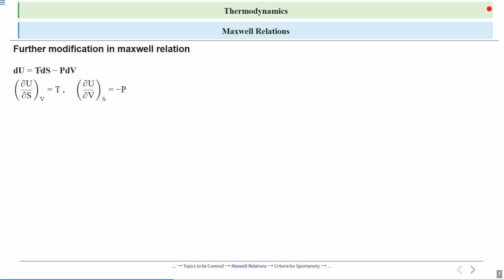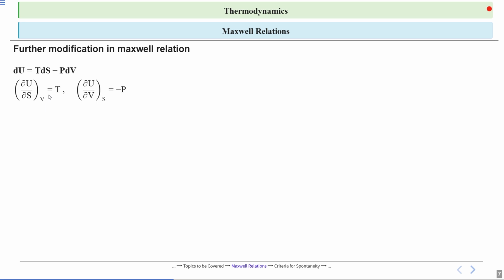The differentiation of entropy with respect to S will be 1, so dS by dS equals 1. After that, if you move on to minus PdV, then dV by dS at constant V. You're differentiating the volume with respect to entropy at constant volume, so what will be the change? Of course it will be 0. So this whole term will be 0, and you will get your final equation as dU by dS at constant V is equal to T.